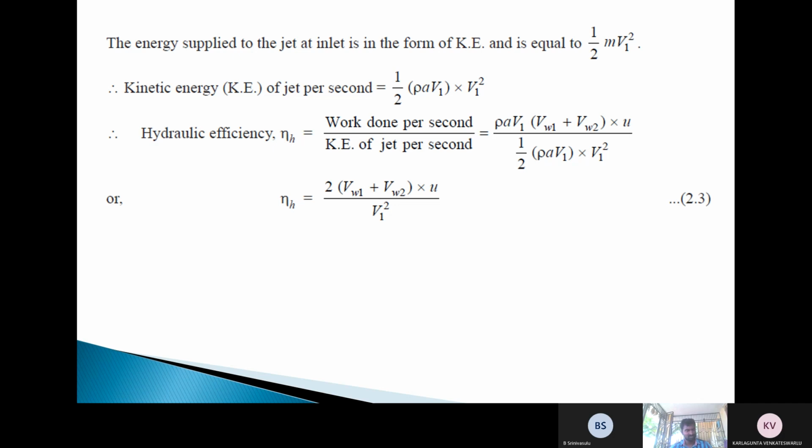Okay, next, hydraulic efficiency means work done per second divided by kinetic energy of the jet per second, that is equal to 2 into (VW1 plus VW2) into U divided by V1 square. This is the hydraulic efficiency.